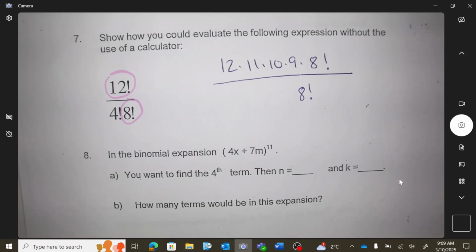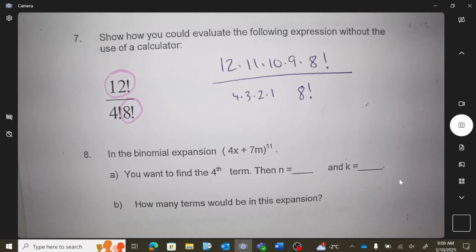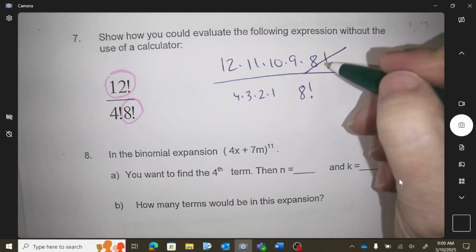Okay, and then this 4 factorial, I have to just deal with it separately. So I'm just going to go 4, 3, 2, 1. Because I had to pair 2 of them, that can't really work in that 4 factorial to pair it with something now because they've already paired. Okay, we're good with this.